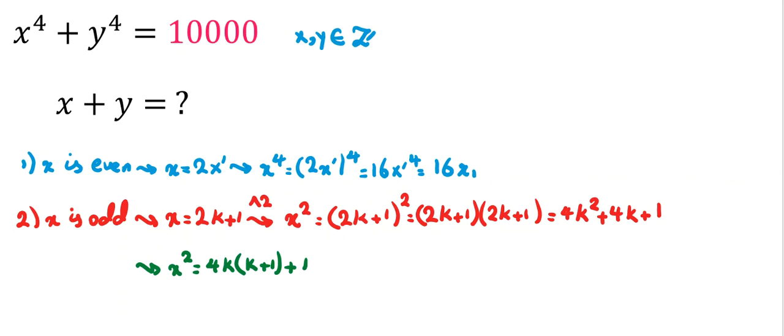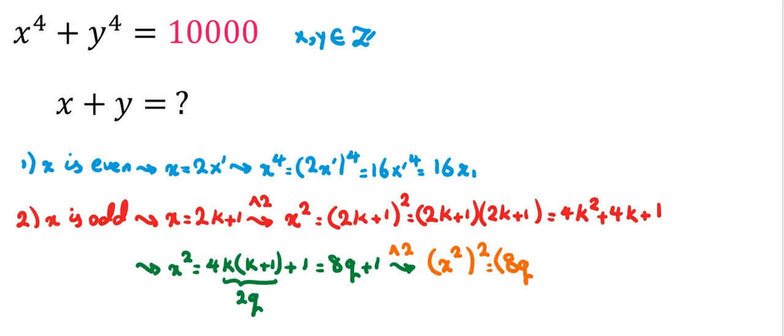k times k plus 1 is the product of two consecutive numbers, one of them even, one of them odd, so it will be 2q. So it will be 8q plus 1. Next step, we want to reach x to the 4, so we raise to the power of 2: x squared squared equals 8q plus 1 squared, which is 8q plus 1 times 8q plus 1.